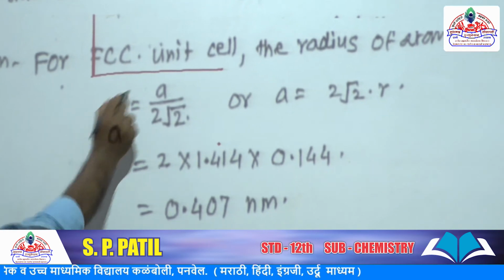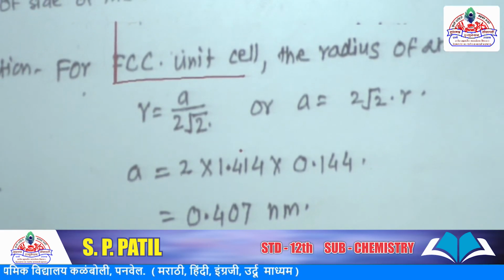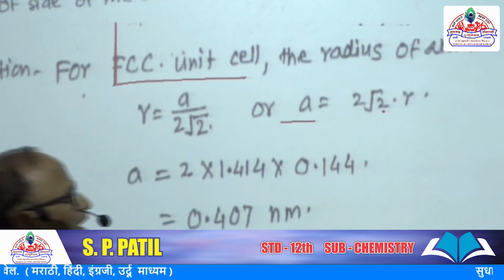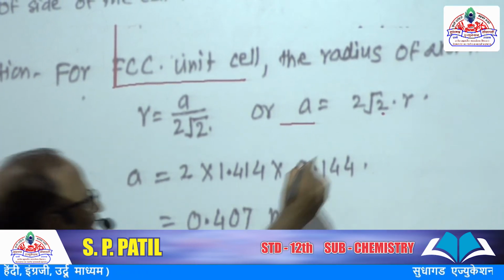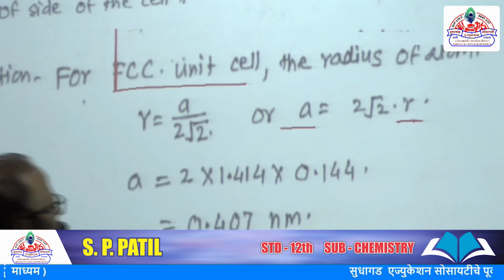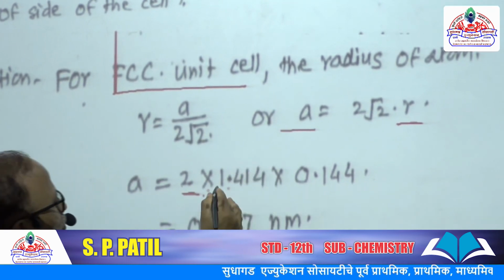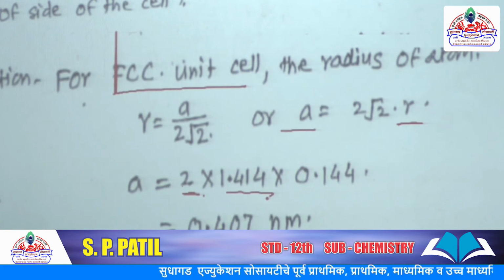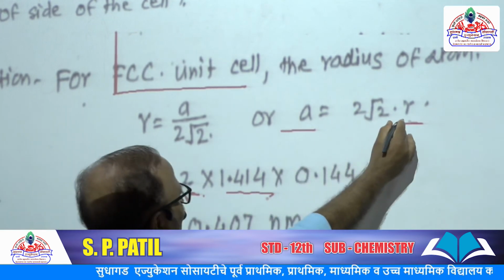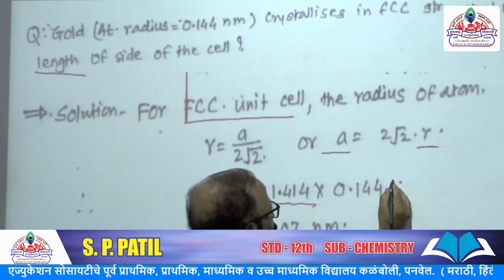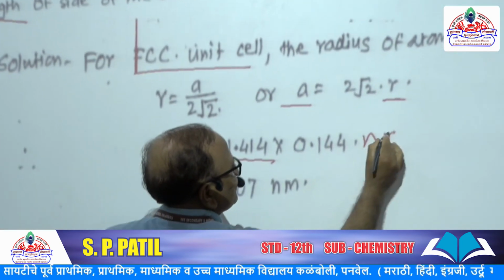See, radius is equal to a upon 2 root 2, or a is equal to 2 root 2 r. The value of r is given. So a is equal to 2 root 2 times 1.414, and the value of r is 0.144 nanometers.